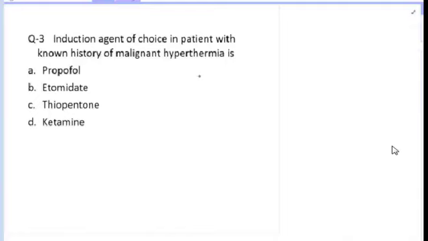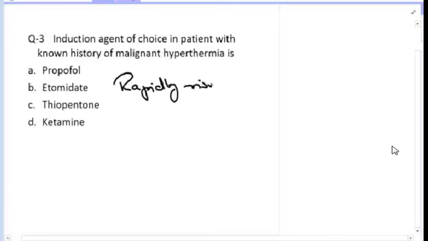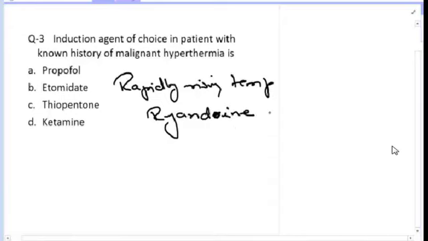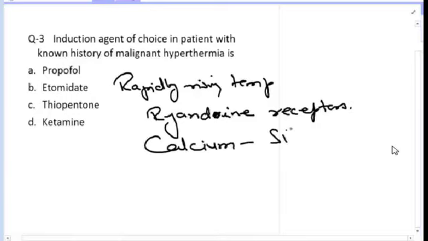Now, malignant hyperthermia is a syndrome of rapidly rising temperature which occurs due to abnormality of ryanodine receptors, which cause massive release of calcium from sarcoplasmic reticulum.